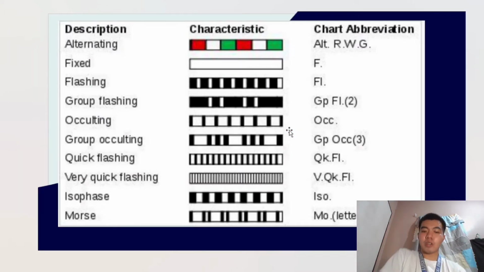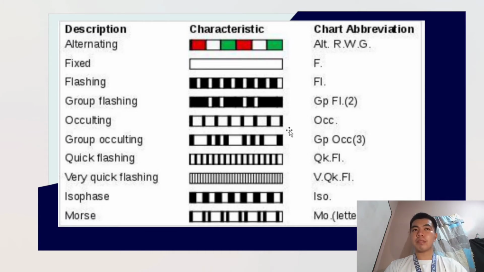So here I am going to discuss the chart abbreviations. For example, ALT RWG. ALT means alternating, and RWG are the first letters of the different colors: R for red, W for white, and G for green.